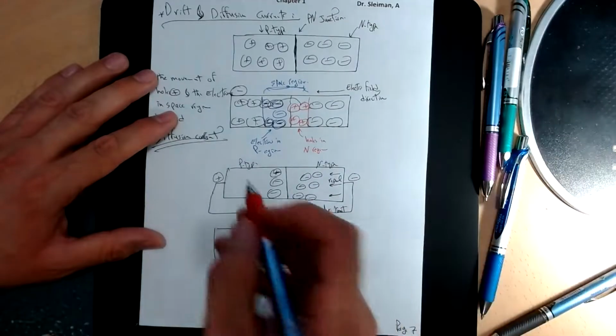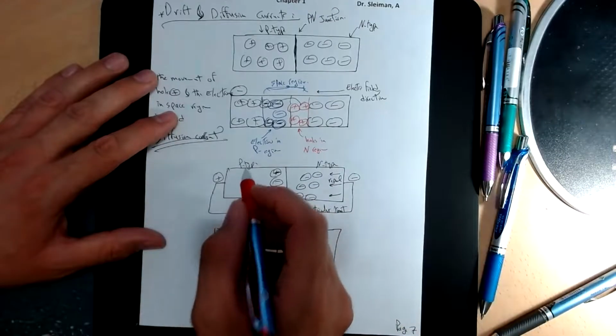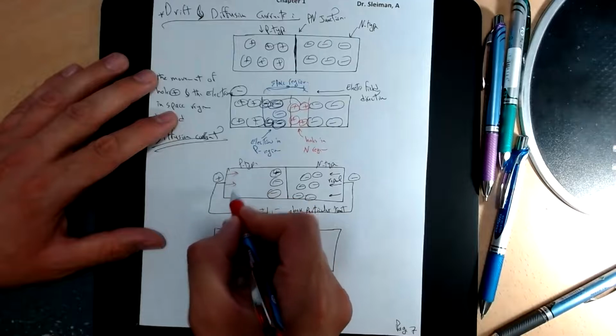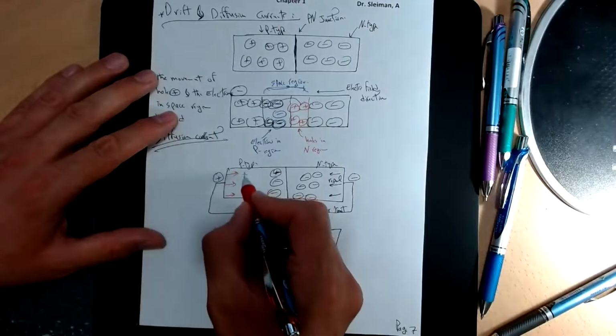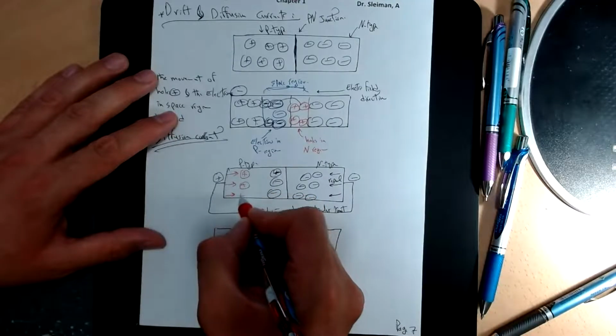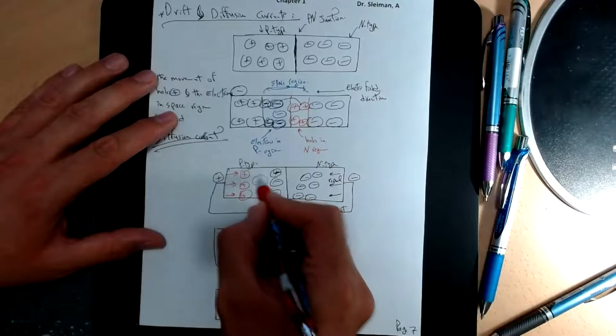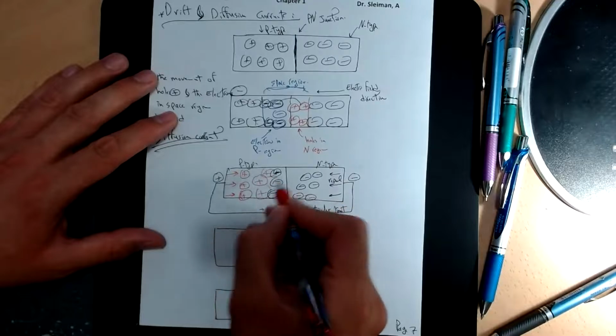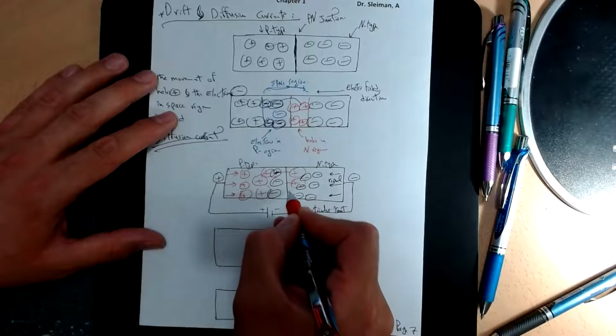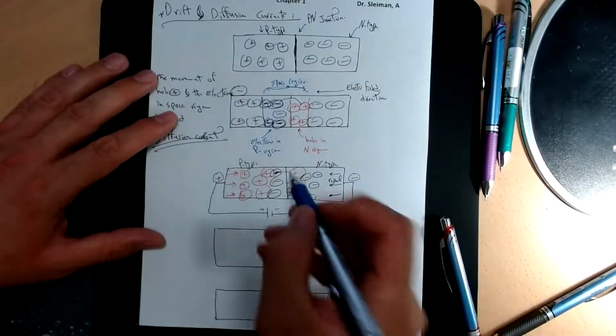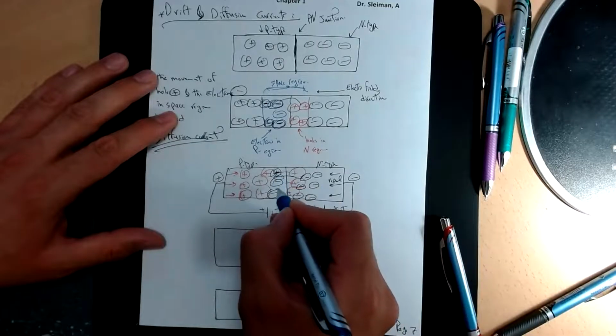And what happened to the P-type, because positive and positive repel each other, it will push the positive to jump over, and push the negative from this side.